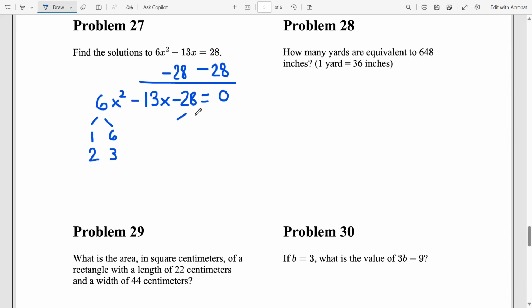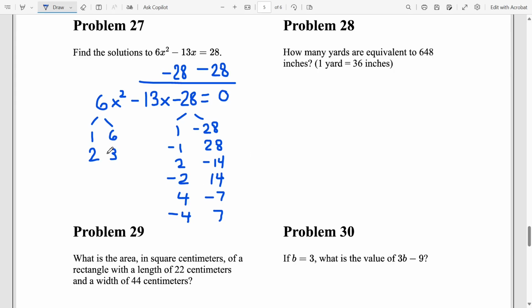And then I'm going to list the factors of negative 28, which are 1 and negative 28, negative 1 and positive 28, 2 and negative 14, negative 2 and positive 14, 4 and negative 7, and negative 4 and positive 7. And our middle term is negative 13. So we've got to find a combination that would give us negative 13.